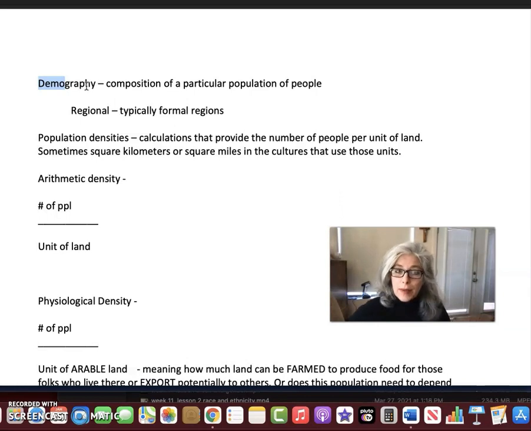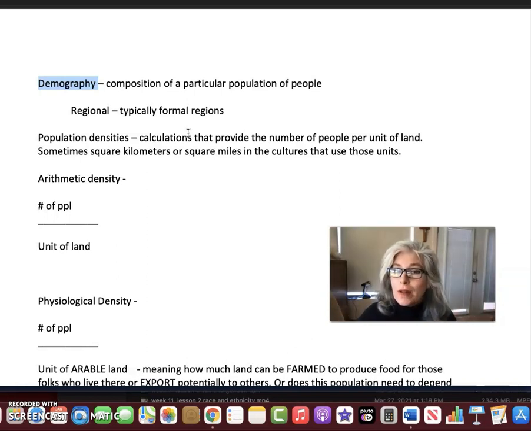Okay, so typically when we talk about demography, we're looking at formal regions for our purposes. Sometimes we're also going to look at perceptual regions, such as, I keep using the Bible Belt as an example, a perceptual region that doesn't have definite borders around it. Depending upon who you ask, the borders are going to be similar in a lot of ways, but probably not any precisely pinpointed location from one demographer to the next.